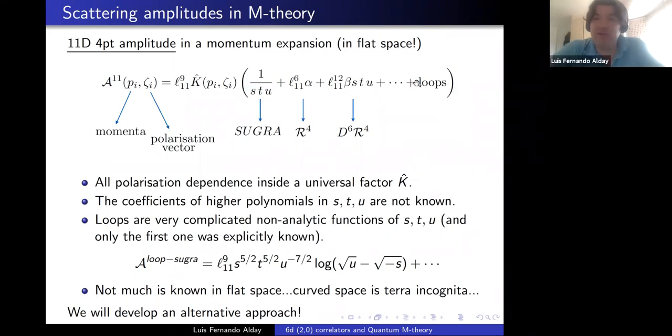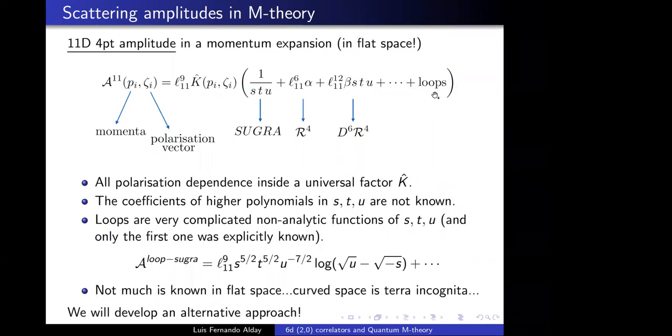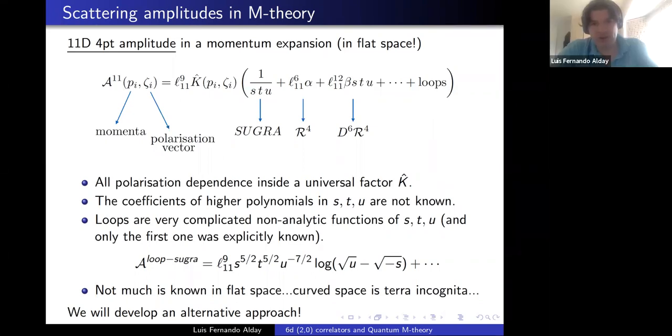But basically, the simplest loop is equal to the 11-dimensional box function. There is a function which is called the box function. In 4 dimensions, this box function is relatively simple. And in 11 dimensions, it's not that simple, but it can be computed. And this is just a little bit of the answer. But yes, the answer is fully known.